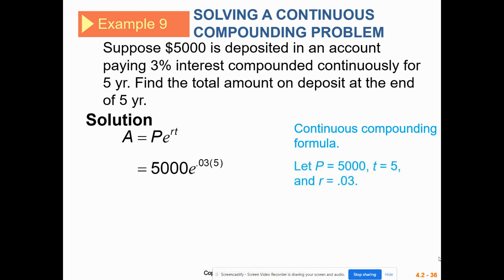Since it wants to know the amount on deposit after a time period, we were trying to find the A value. So we simply replace our P, our principal, with $5,000. Our rate is 0.03, and our time is 5. And to put that in your calculator, you do 5,000 times second ln 0.03 times 5, close the parentheses, and you should get $5,809.17.